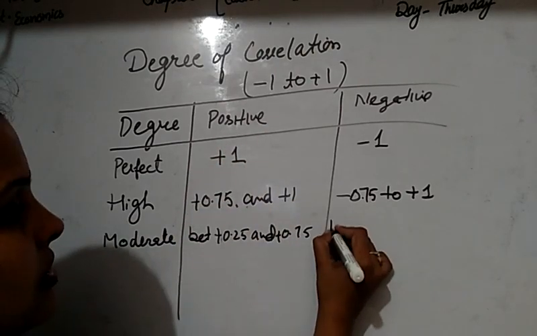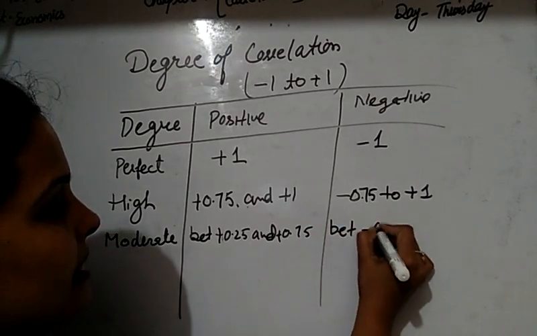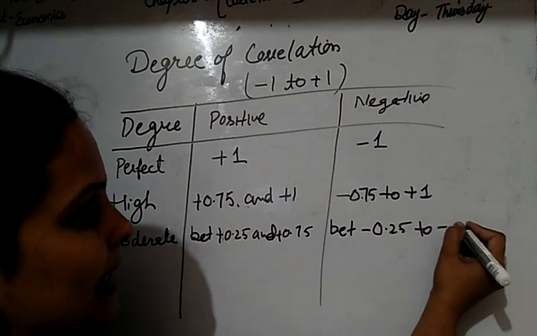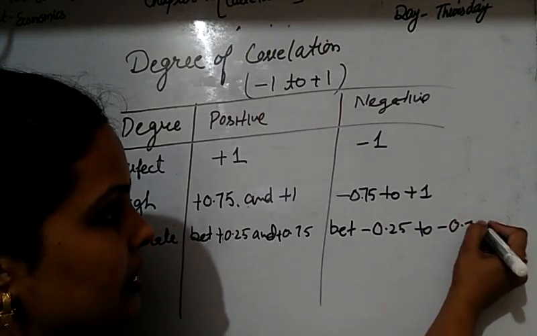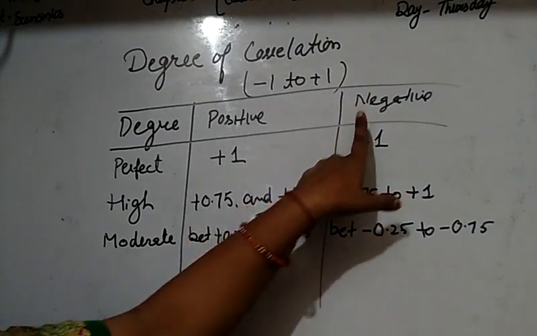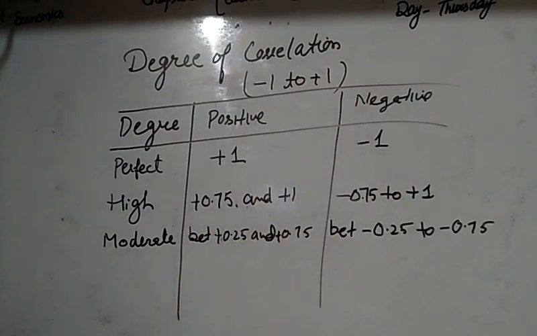When the value lies between -0.25 to -0.75, that we call moderate negative correlation.